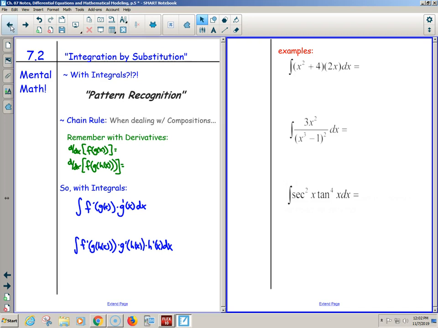Chapter 7. You guys ready? 7.1, slope fields and Euler's method. 7.2, anti-differentiation by substitution. 7.3, integration by parts. Tic-tac-toe. Stand and deliver.